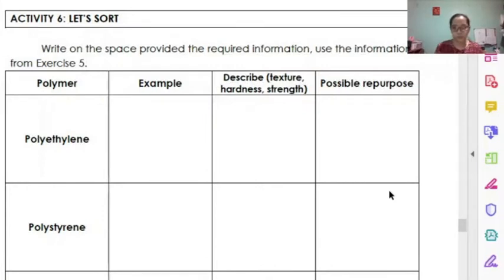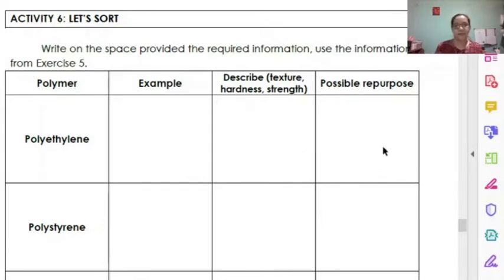Now that you know the common examples of polymers and their uses, we will prepare for the Let's Prepare part, or your module assessment or your module project. For polyethylene, find an example or you may use the example given from the previous activity and then describe its texture, hardness, and strength.